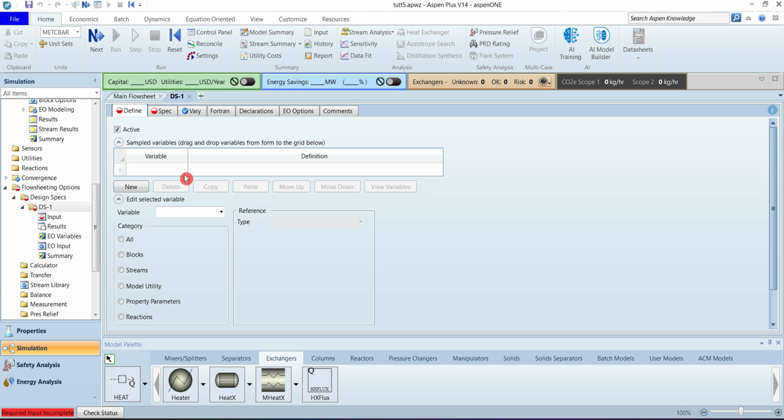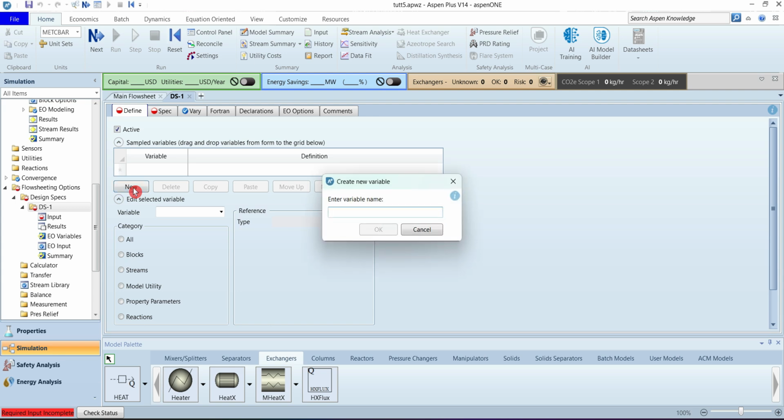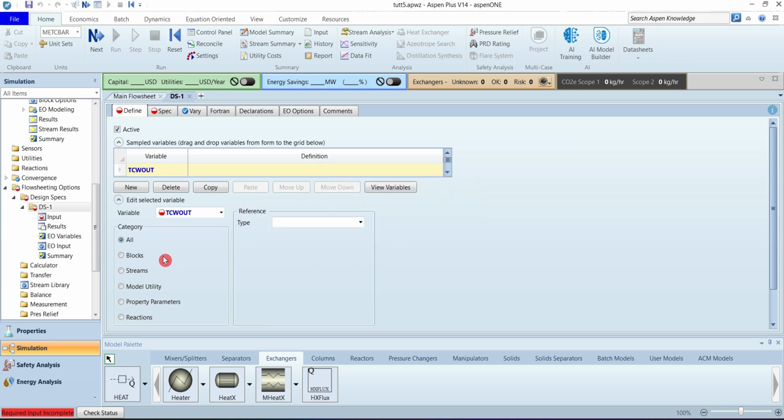The objective function is that the cooling water outlet stream temperature should be 40 degrees Celsius, not beyond that. So for that purpose, let's create a new variable. Give any name, let's say TCW out. It's the temperature of the cooling water outlet stream. Then for convenience, from the category let's pick a stream, because this variable is associated with a stream.